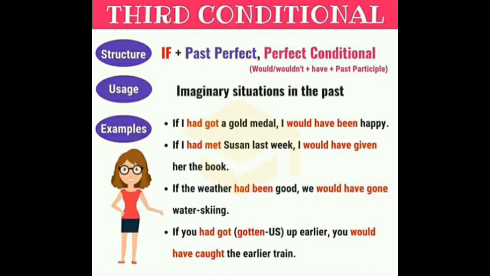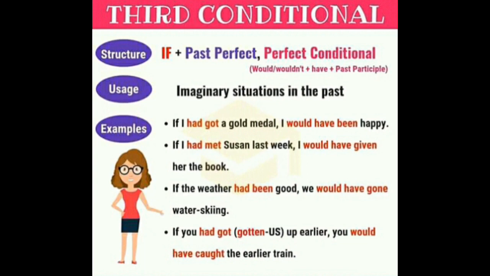So, for example, if I had got a gold medal, I would have been happy. So I didn't get a gold medal, and I wasn't happy, and I imagine the opposite. That is, we use the past perfect.